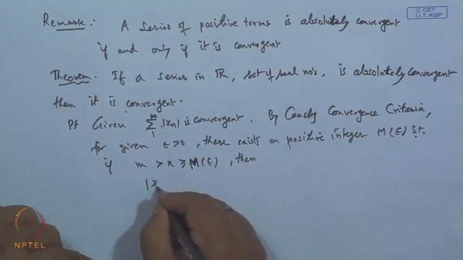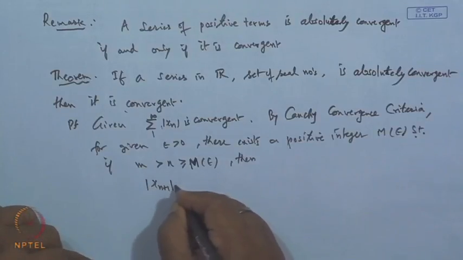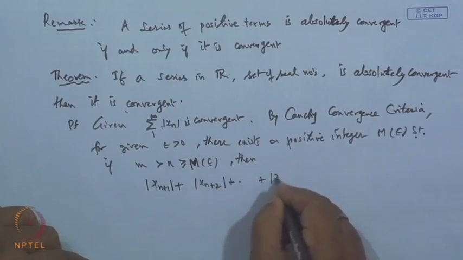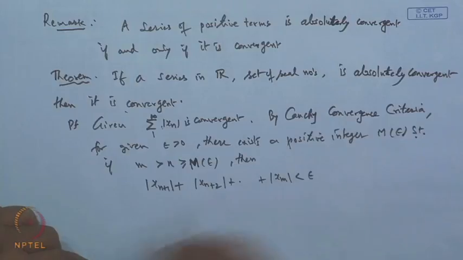Then mod of x n plus 1 plus mod x n plus 2 up to mod x m is less than epsilon.